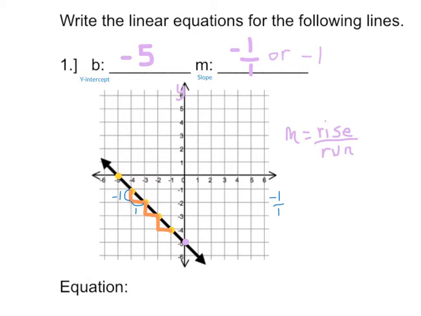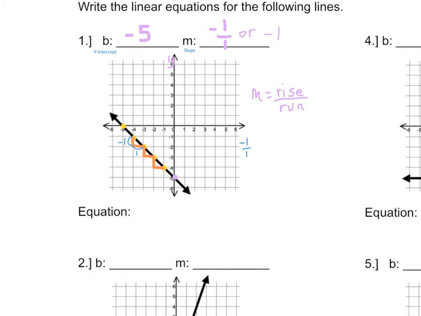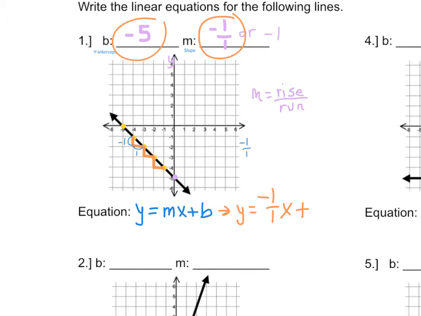Okay, final step, we're going to write our equation. So let's write our equation. Remember our equation is y equals mx plus b. So our equation for this one would be y equals, now just take these numbers from up here, -1 over 1x plus, here's our b, -5 plus -5.